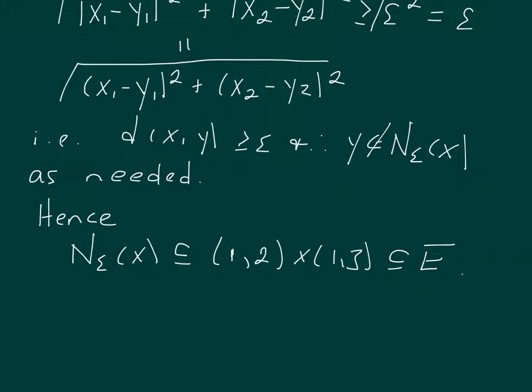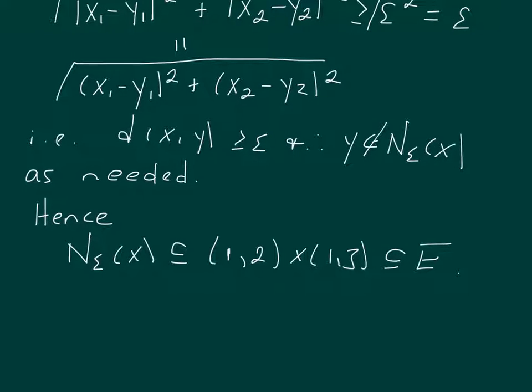We've shown that if we pick any x in this set here, x is in the interior of E. Right? So in other words, we've shown that (1,2) cross (1,3) is contained in the interior of E.